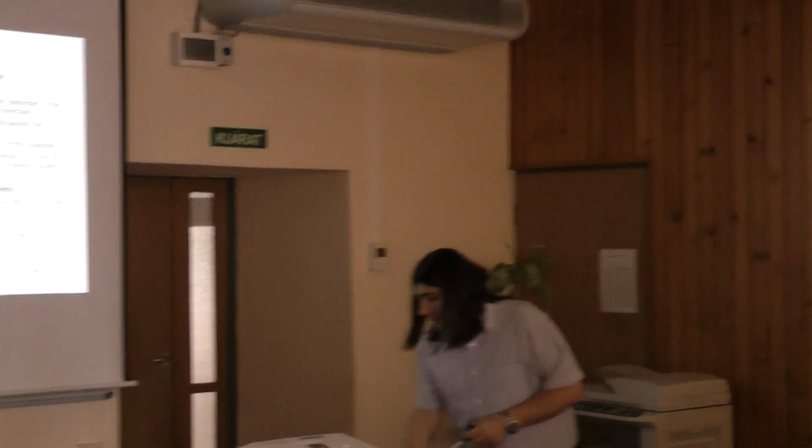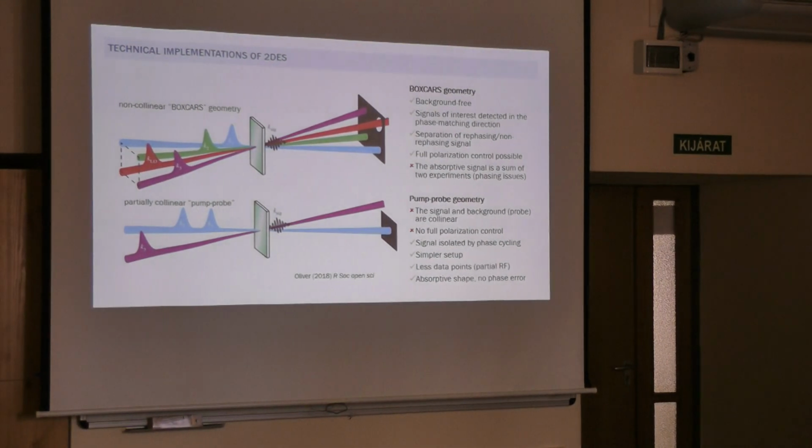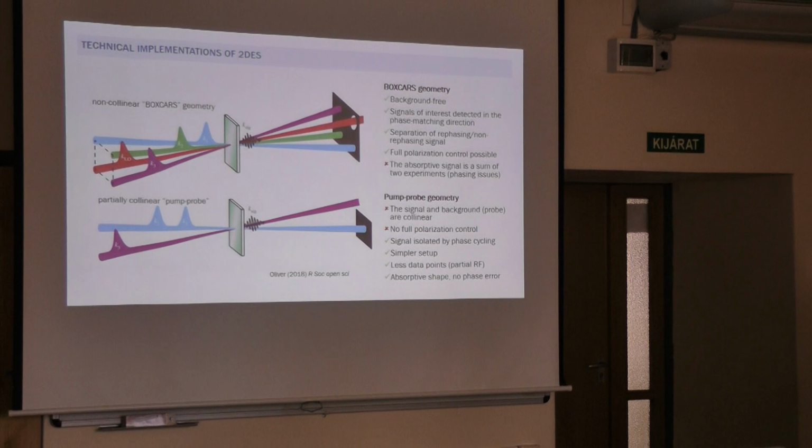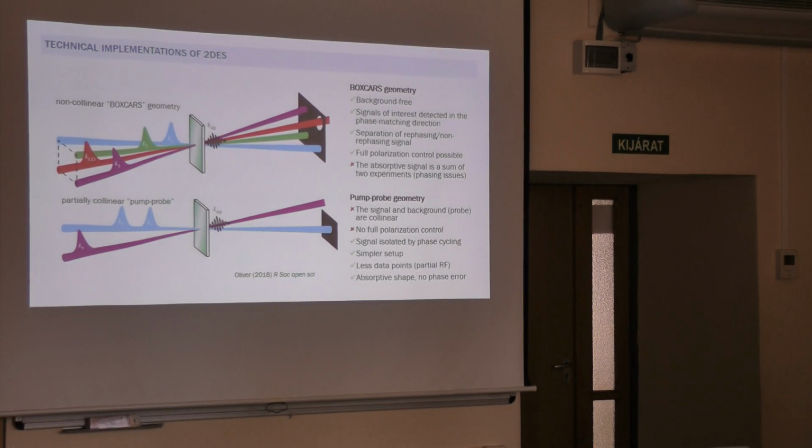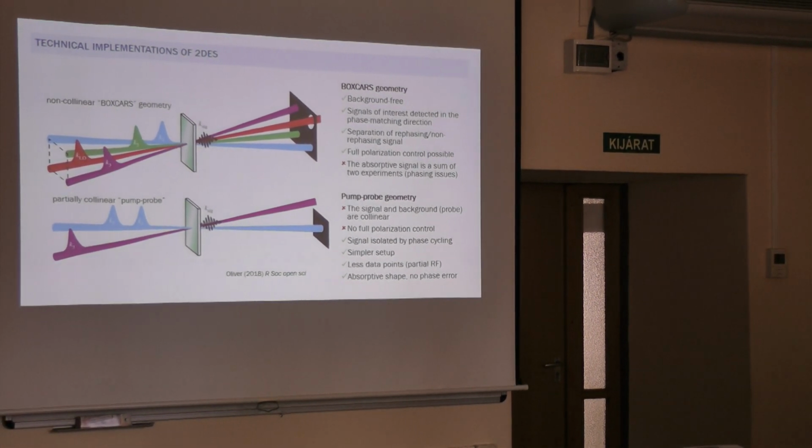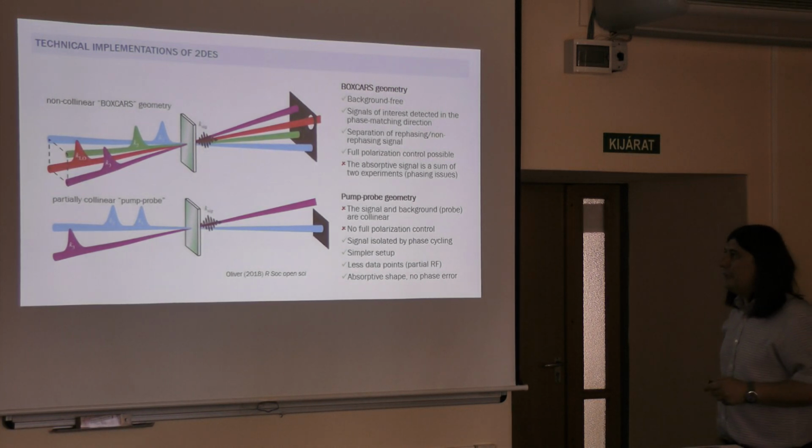Okay, I show you just a few technical examples. There are many ways to do two-dimensional spectroscopy, many possibilities and combinations in between. Basically, it boils down to 2 most common setups and variations in between.